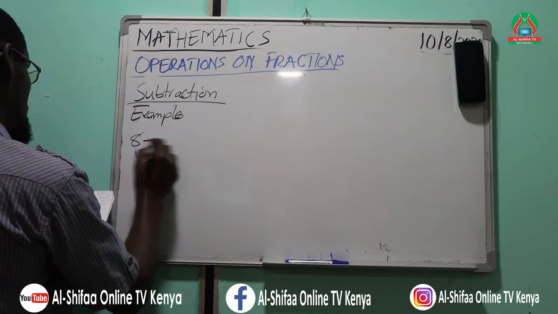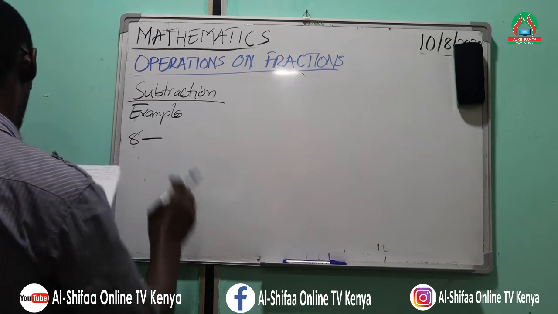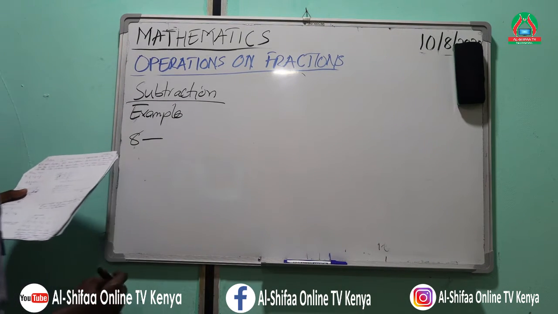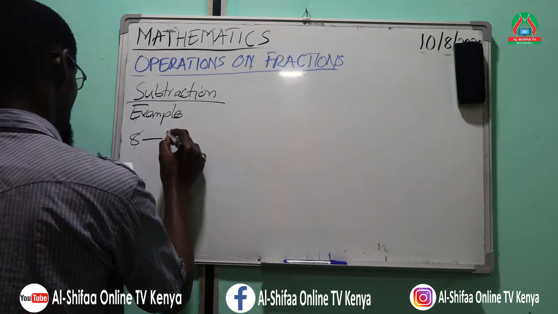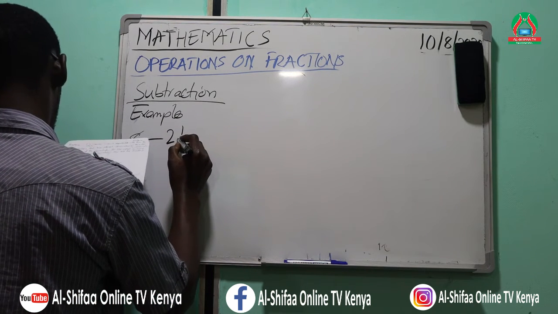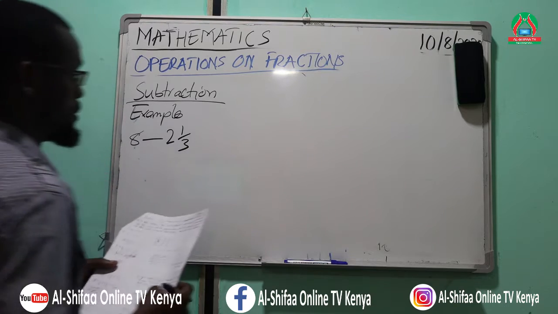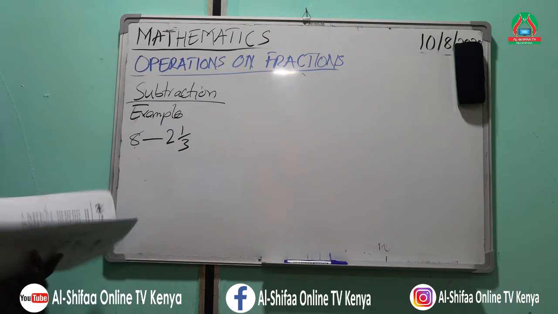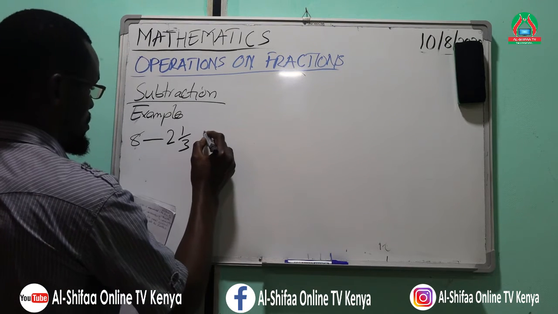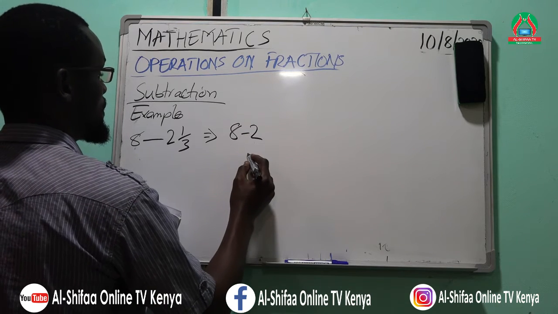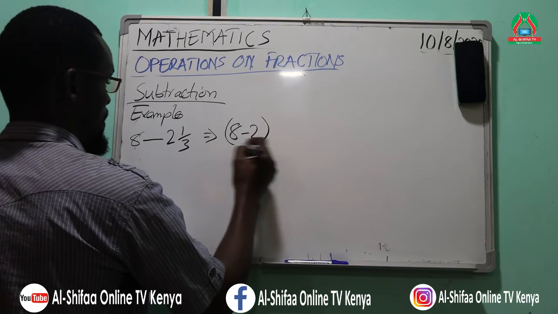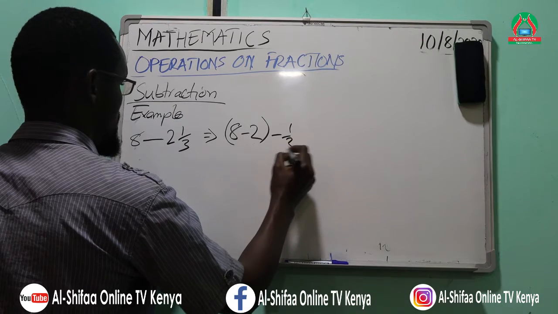We have 8 minus 2 the third. So this is equivalent to 8 minus 2 minus a third.